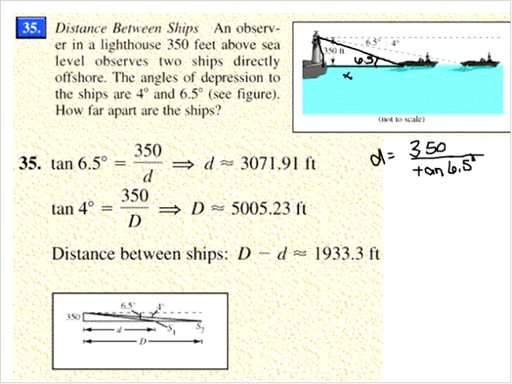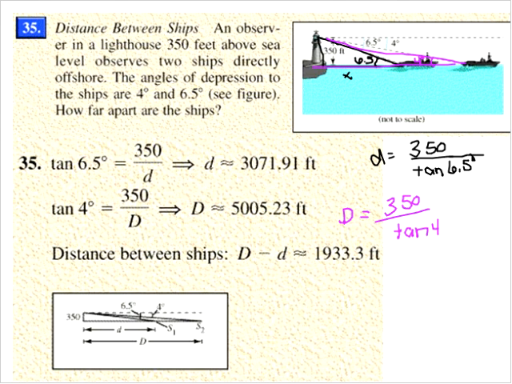I'll do this one in pink. This time we have that angle of depression or elevation, depending on how you look at it, as 4 degrees. So we have tangent of 4 equals 350 over D. And to find the distance this time, it is 350 divided by tangent 4 to get approximately 5,005.